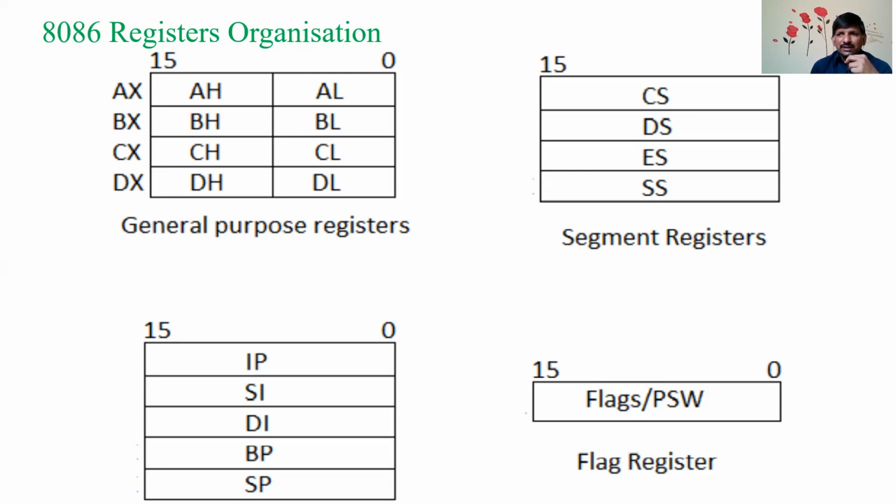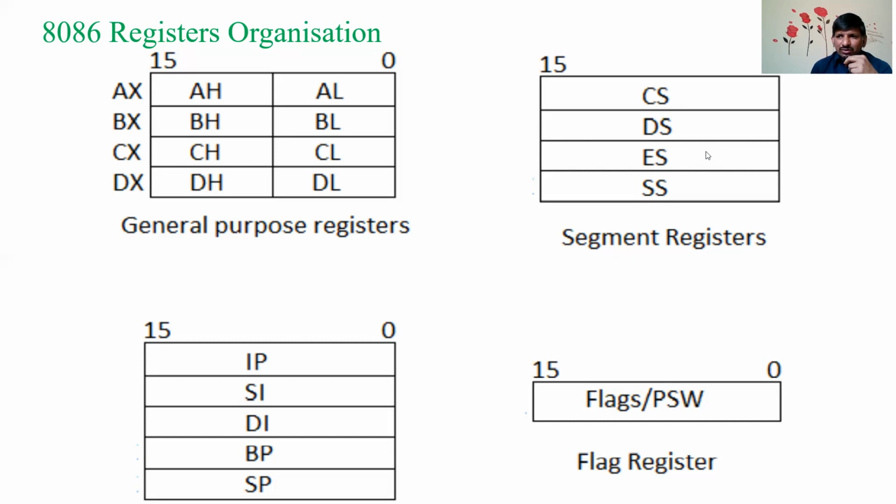In these 16 logical segments, 4 are the code segment. Code segment stores the code, which means the instructions of the program. Next, data segment stores the data information.